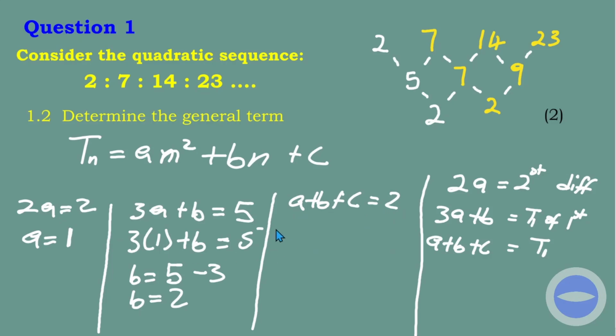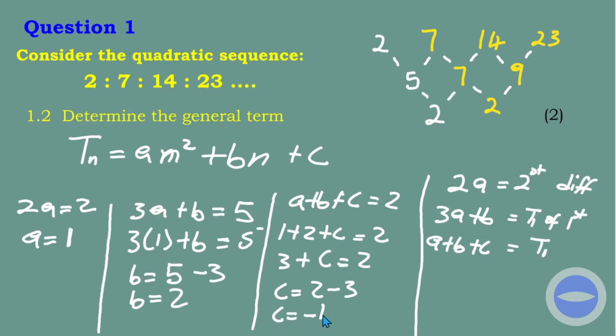The value of a is 1, the value of b is 2, then plus c equals 2. So here we have 3 plus c equals 2. Therefore c equals 2 minus 3, which equals -1.